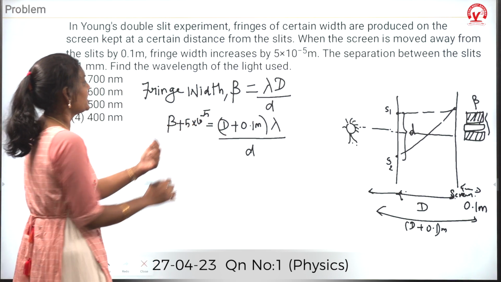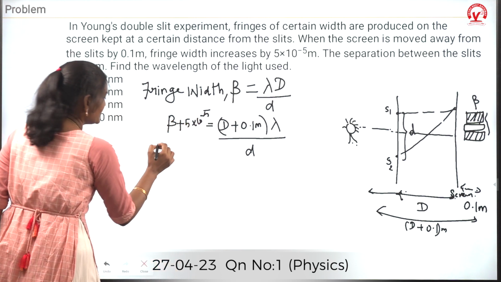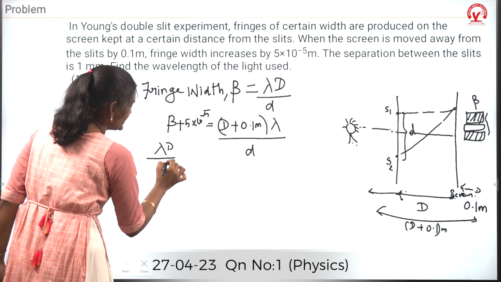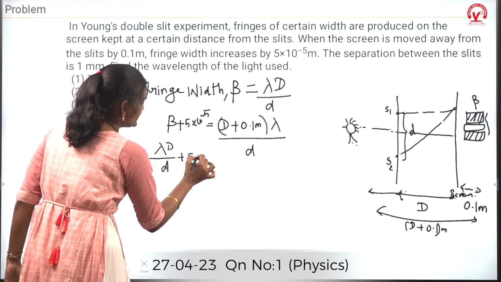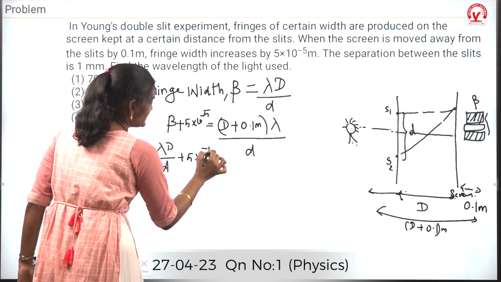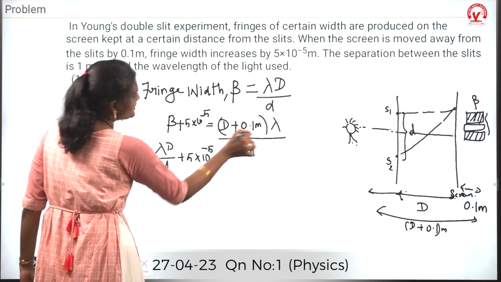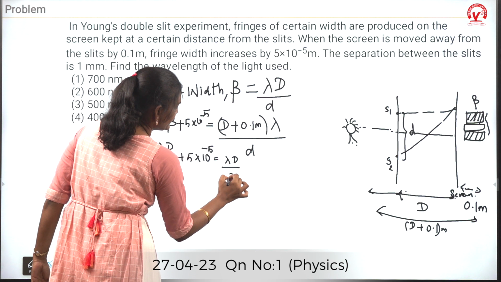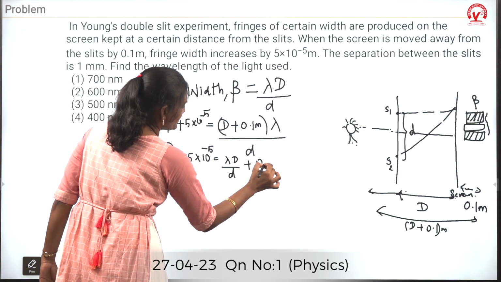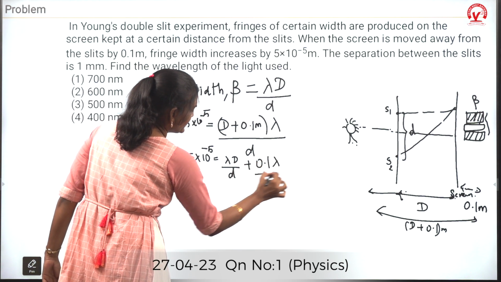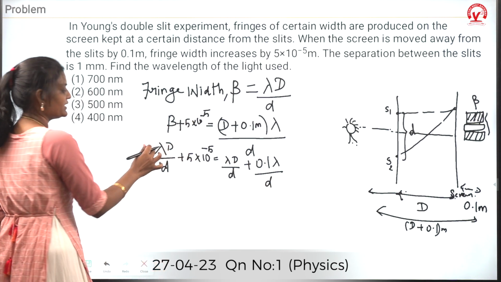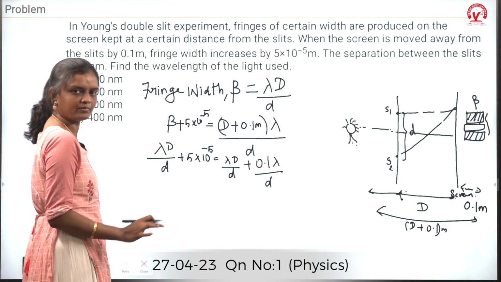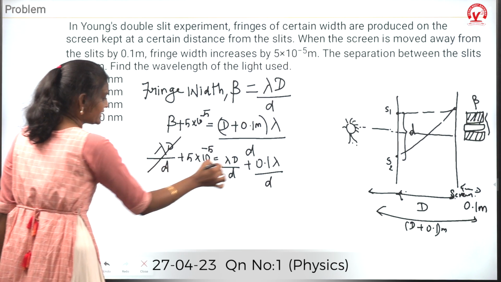Now you substitute this value here: beta for beta, lambda D divided by d, plus 5 × 10^-5, is equal to lambda times (D plus 0.1) divided by d. Now here we have lambda D divided by d, and this side also we have lambda D divided by d, so this gets cancelled.